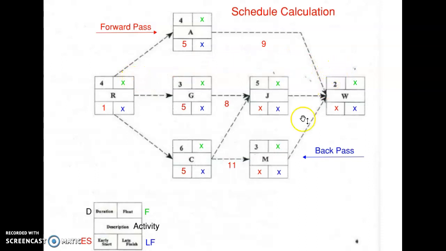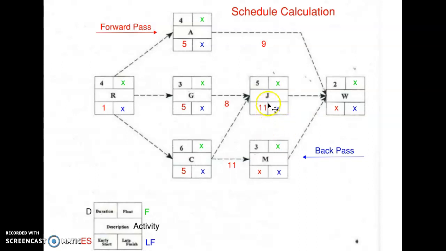This is the forward pass. So on the forward pass where I have 2 activities that converge on 1 like this, I always have to use the bigger number. So J is going to begin, it cannot begin until day 11. So do you guys see that?